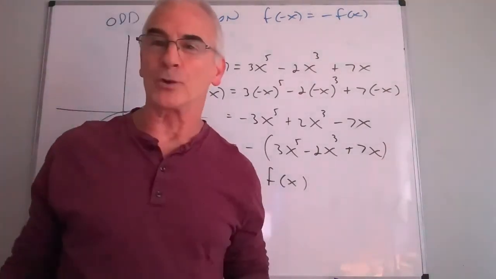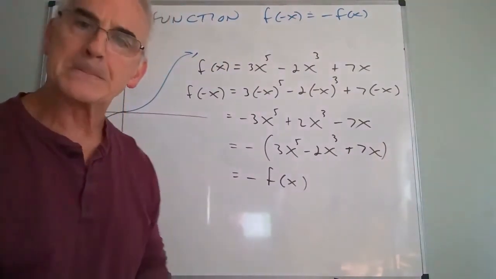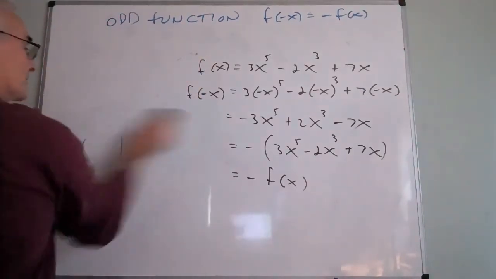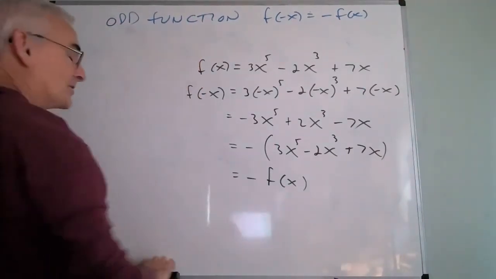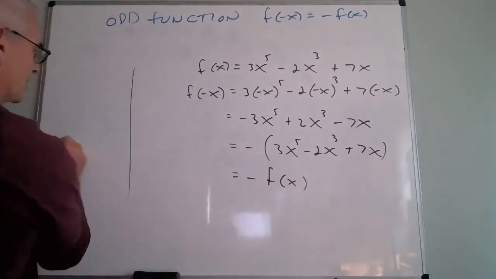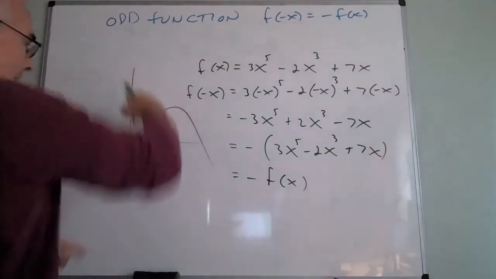Now, are there any trig functions that are odd functions? All of them except the cosine and secant. That's absolutely correct. Turns out all trig functions are either odd or even. So let's take the simplest one of all, the sine function. Oh, yeah.